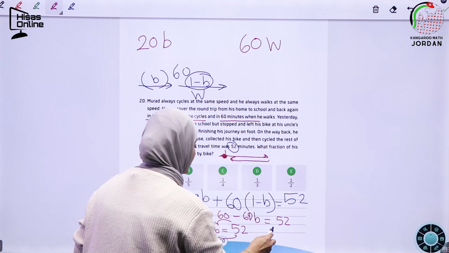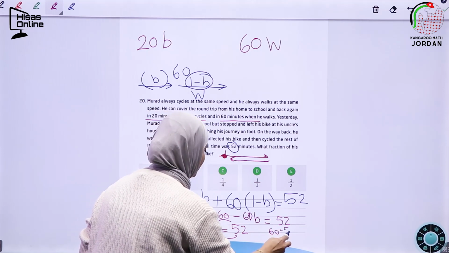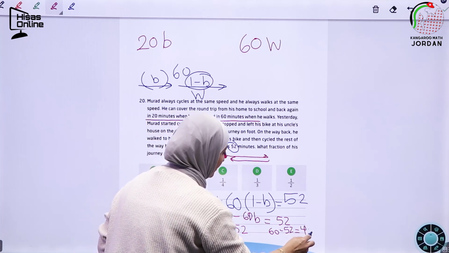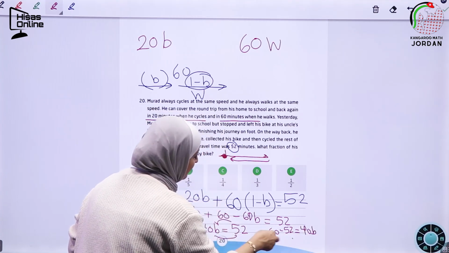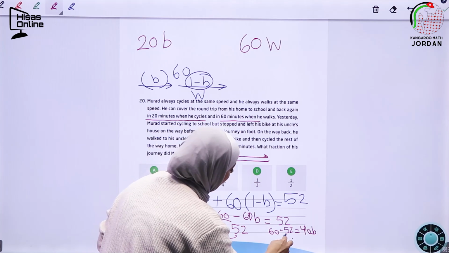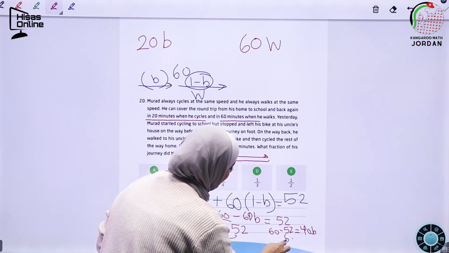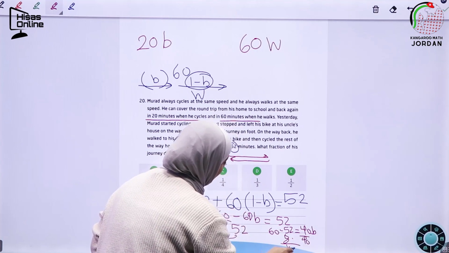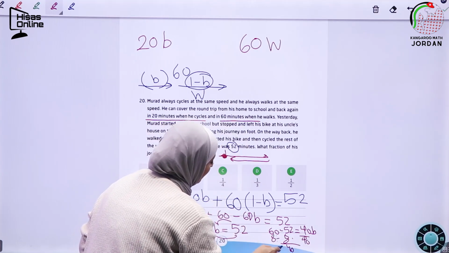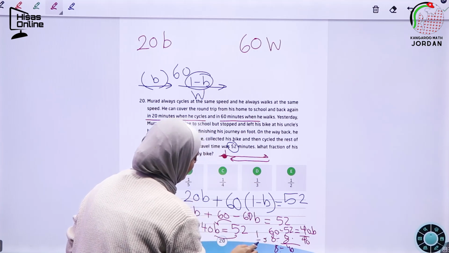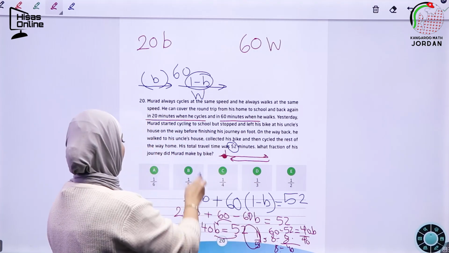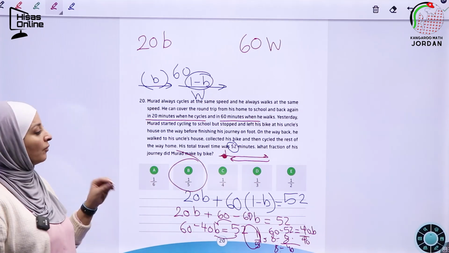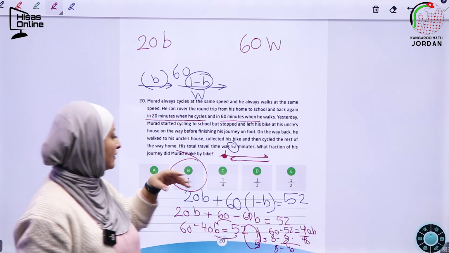That makes 60 minus 52 equals 40b. 60 minus 52 is 8. Let's divide by 40 and simplify. It's 1/5. Yes, this is the correct answer as a fraction for the part of his journey made by bike.